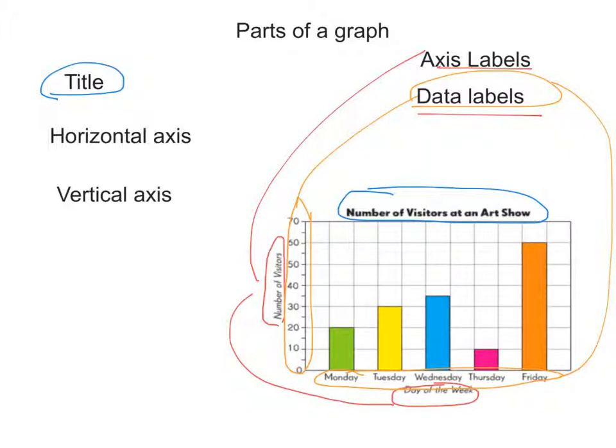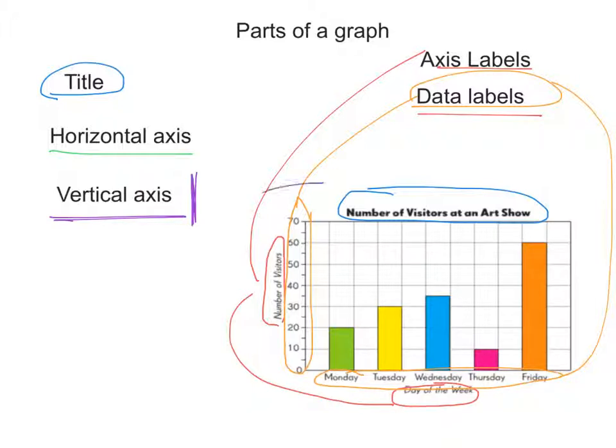To understand axis and data labels, we have to know the next vocabulary word, which are the horizontal axis and the vertical axis. The vertical axis, vertical means up and down, right?